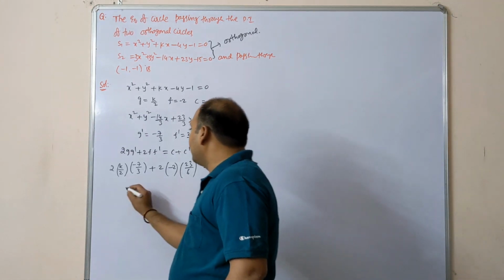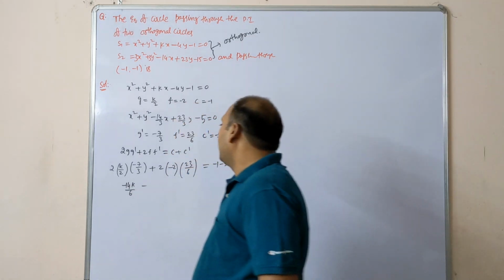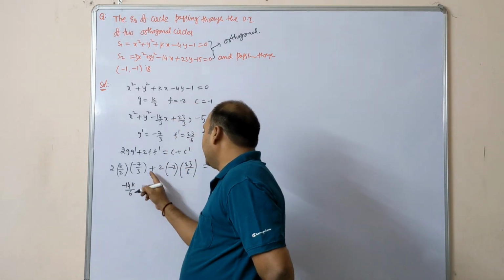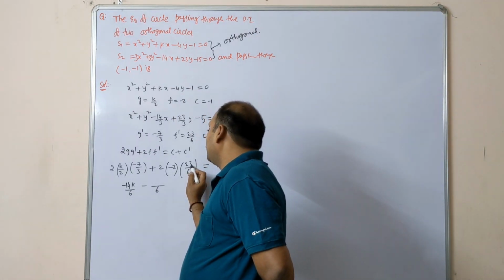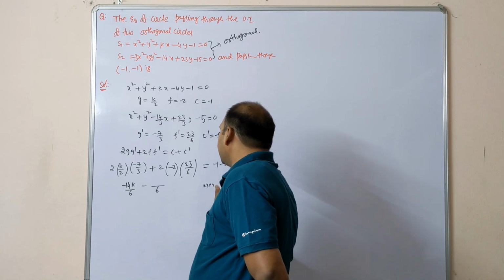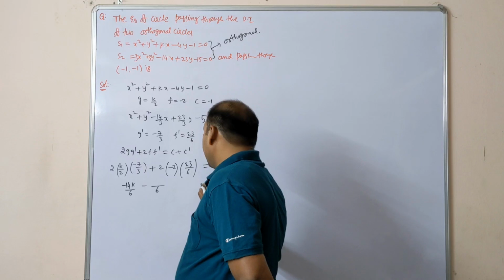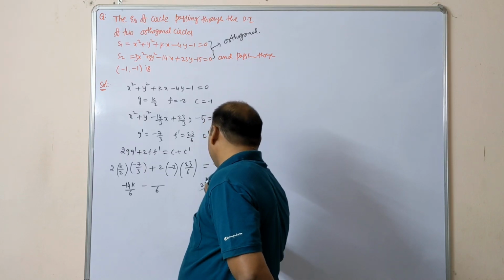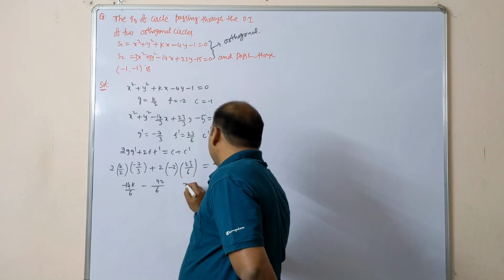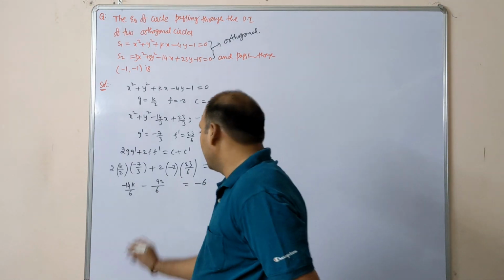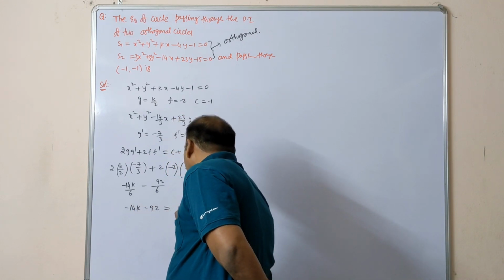So in this both LCM is same: minus 14k by 6. Here also LCM 6, 23 into 4, 92. Which is equal to minus 6. So minus 14k minus 92 is equal to minus 36.